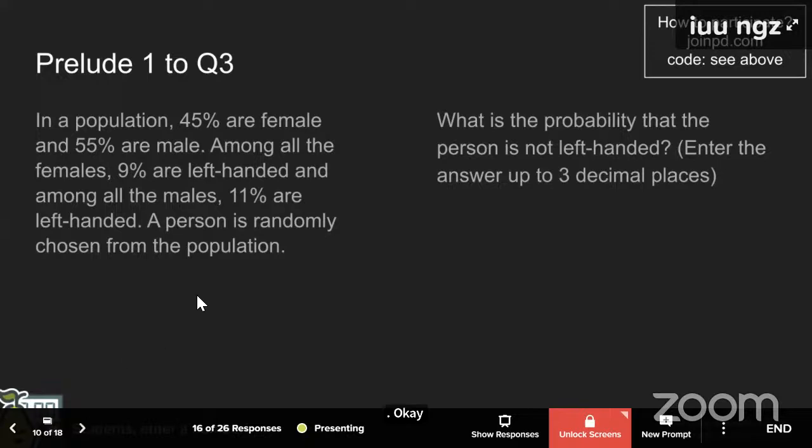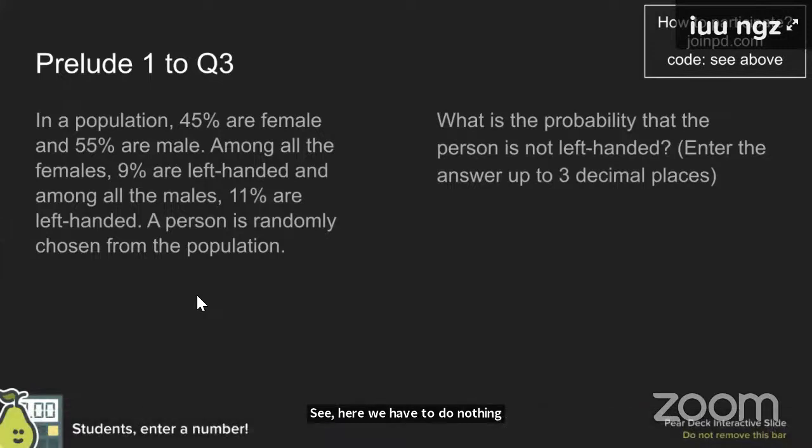See, here we have to do nothing but just use the law of total probability, right? What is being given here is you have a population and you are dividing your population into male and female. They are mutually exclusive and exhaustive. 45% are male, 55% are female.